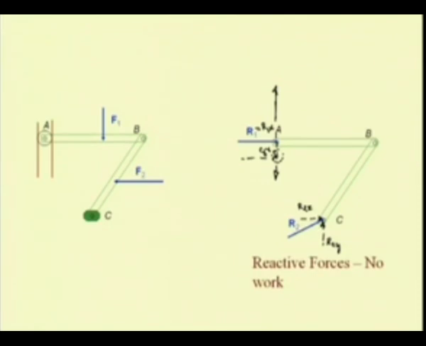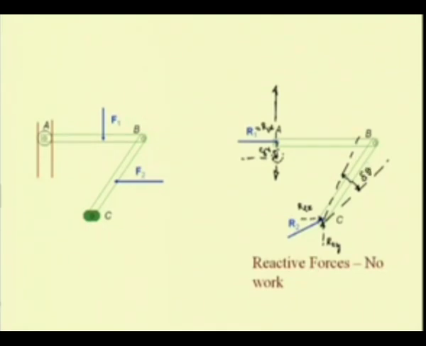Let us see the work done by this force R2, and because this point C is fixed, the link can rotate with respect to it. Say this could be another virtual displacement, all these could be say delta theta.